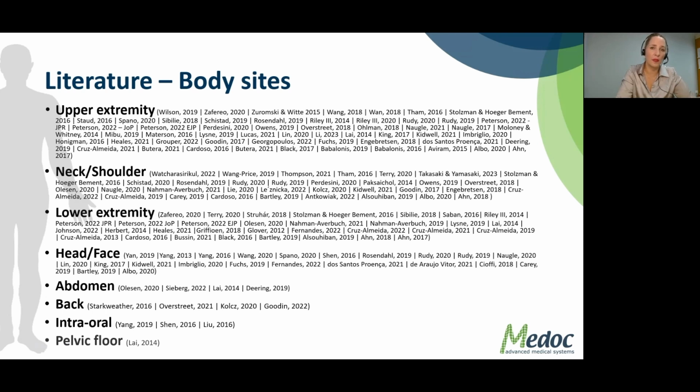Or the upper extremity is used as a control site. For instance, if I want to test knee osteoarthritis, I want to have a control site remote from this place. And the neck and shoulder testing sites are equally involved in that.